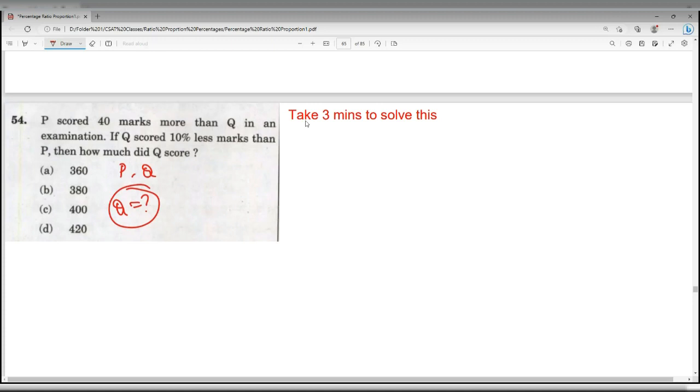From the first statement, P scored 40 marks more than Q. P is equal to 40 marks more than Q. And if Q scored 10% less marks than P, that is 0.9. How did this 0.9 come?